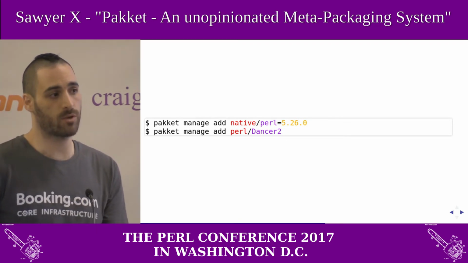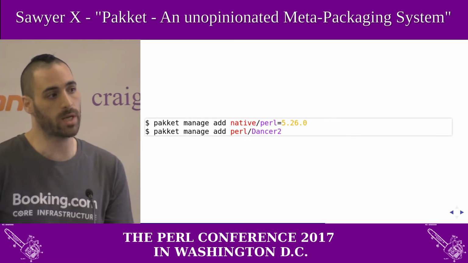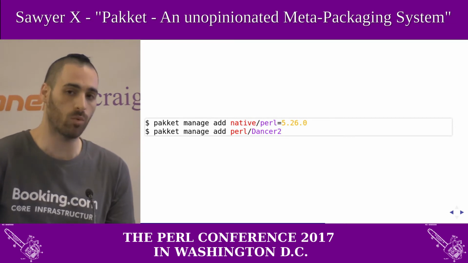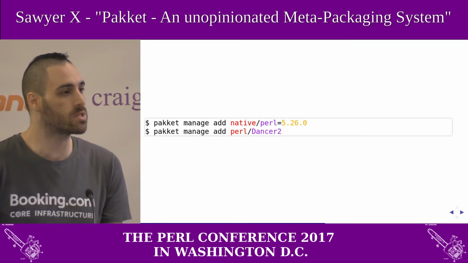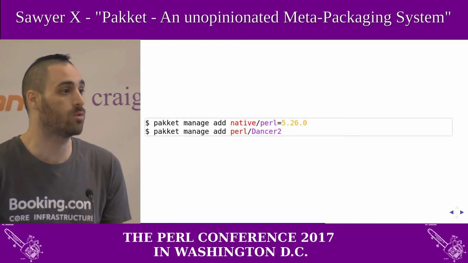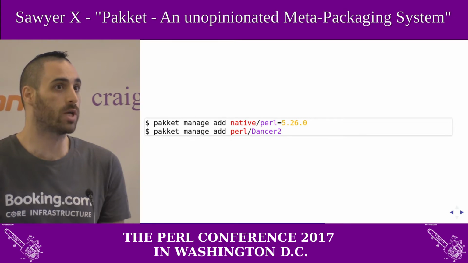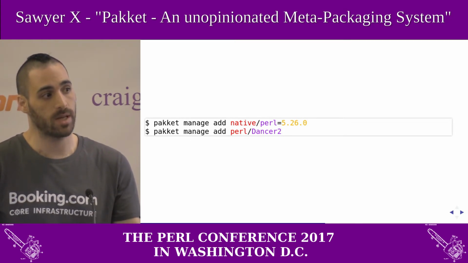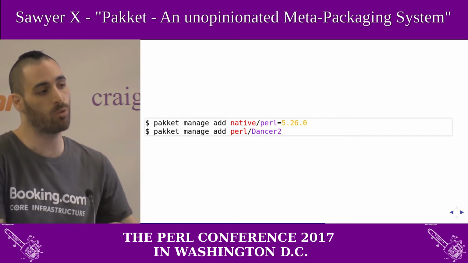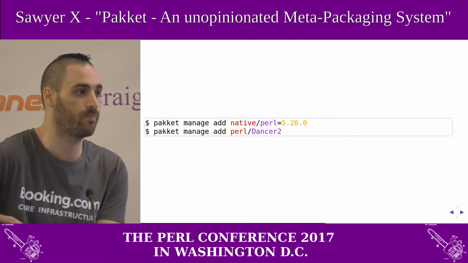You can bind them together to say, I would like to package a language specific module, and I would also like it to bind against the language which I will also build. If you don't do this, it will simply use the system Perl that you have running, which is great for us because that allows us to maintain, for now, Perl in RPM form and build everything against that. And then later on, when we want to, we will move Perl to Pakket and build it ourselves as well, and then build against that.